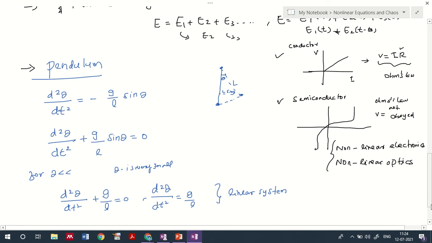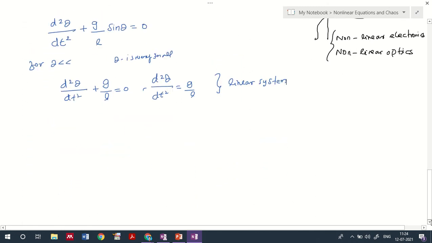Now if theta is comparably large, then you have to take sine theta into consideration.